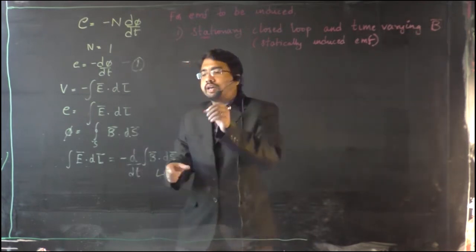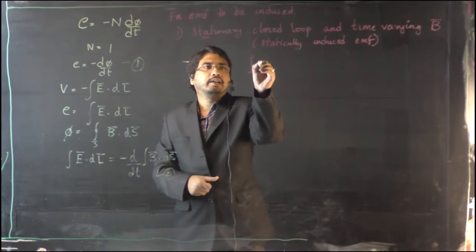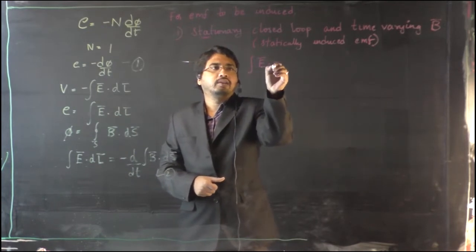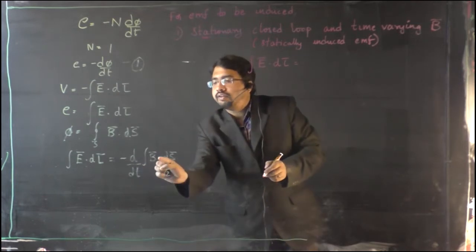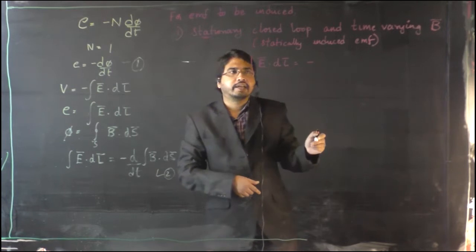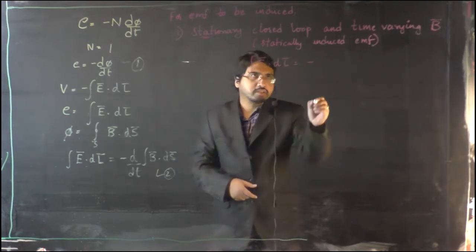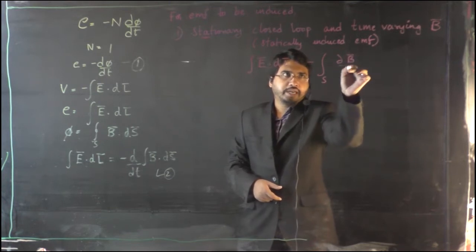When the conductor is stationary, that means a stationary closed loop, and the magnetic field B is varying, what is the integral form of Faraday's law of electromagnetic induction? Integral E bar dot dl bar is equal to, if I send the derivative inside, minus the surface integral of ∂B bar/∂t dot ds bar.